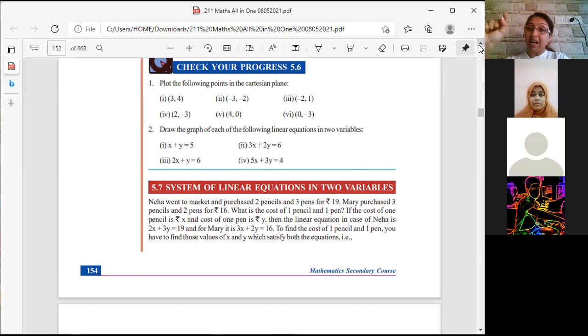They want me to draw a line of this particular equation. For this, we do not have the coordinates. We will find the coordinates that will suit this particular equation. Am I very clear? You have a formula for that, teacher? Yes, you have a formula for that. I am going to teach you how to do it. It's very easy, very simple.